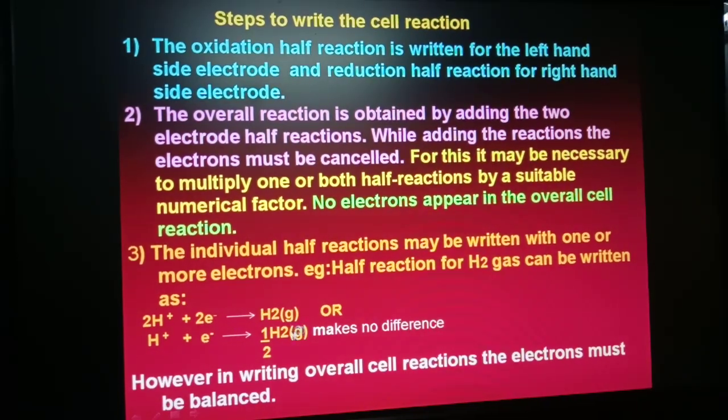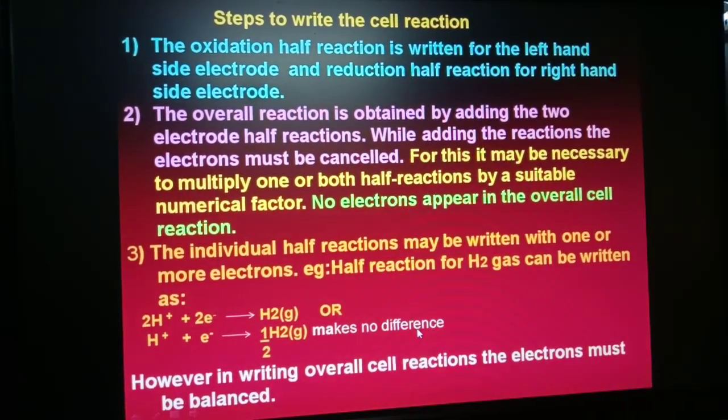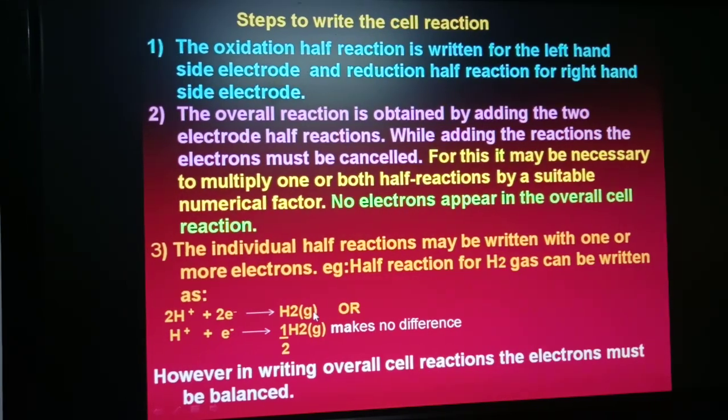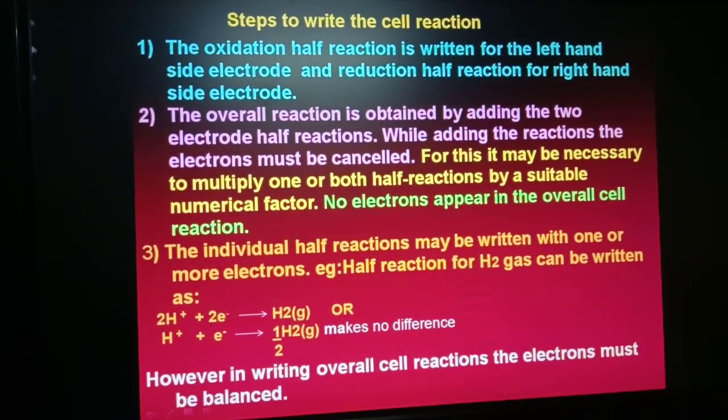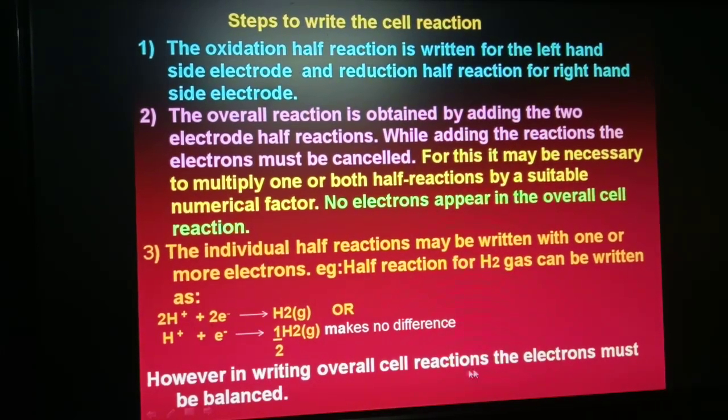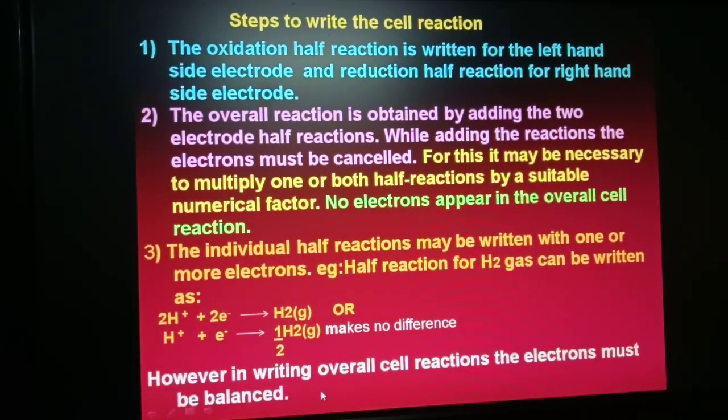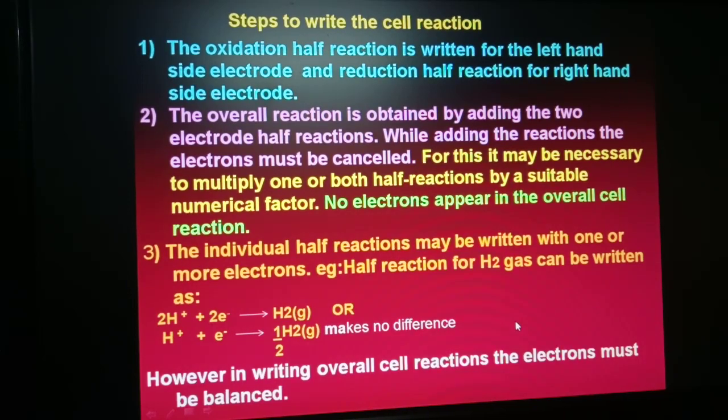Both reactions have the same meaning, so it makes no difference if you represent it in the first or the second manner. However, in writing overall cell reactions, the electrons must be balanced.